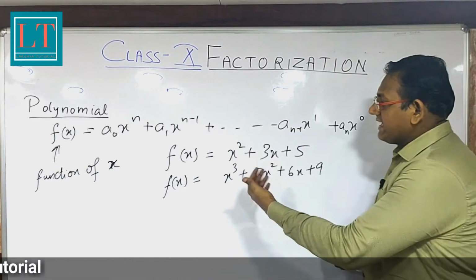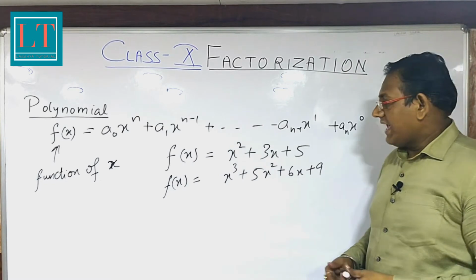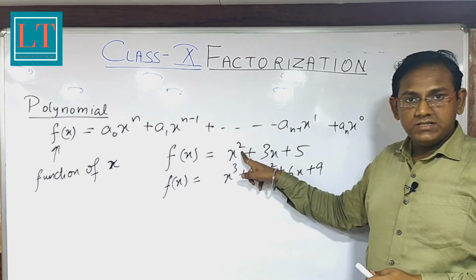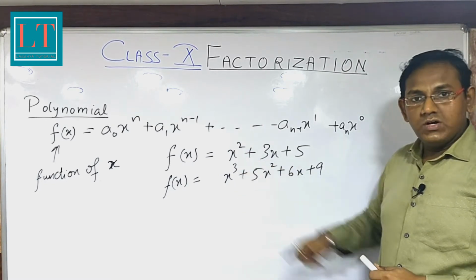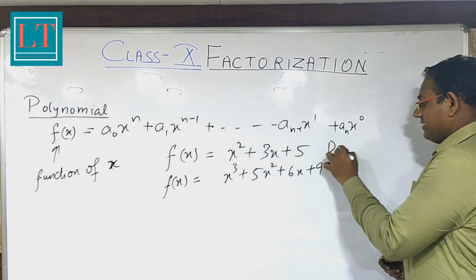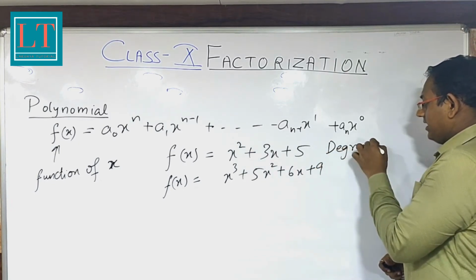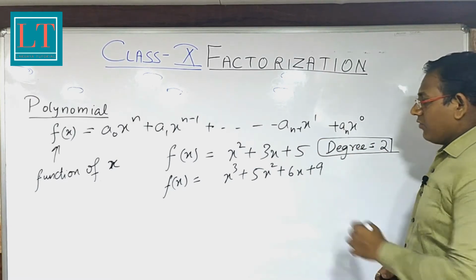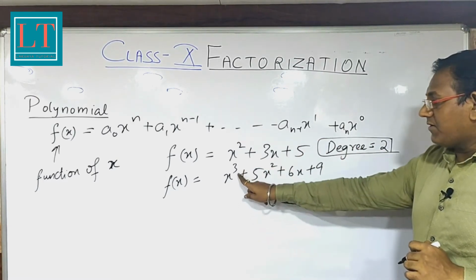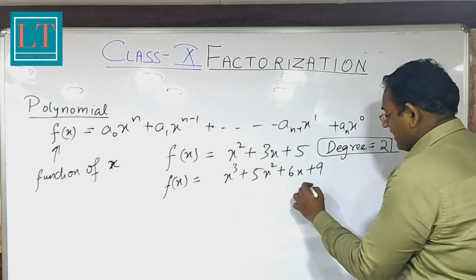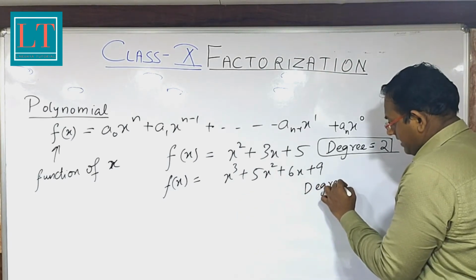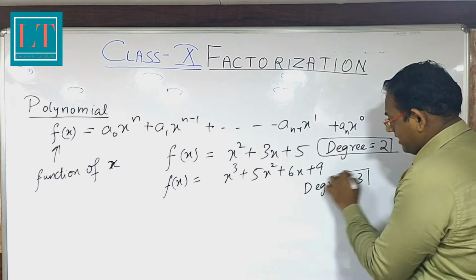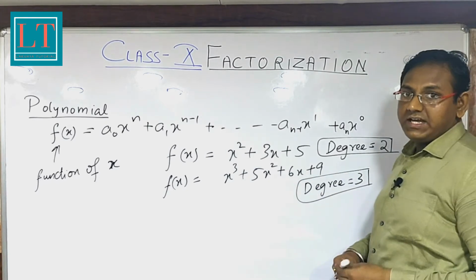So how do we classify these polynomials? We say that since the highest power in the first polynomial is 2, the degree is 2. In the second, we can easily see that the highest power of x is 3, so we say that the degree of this polynomial is 3.